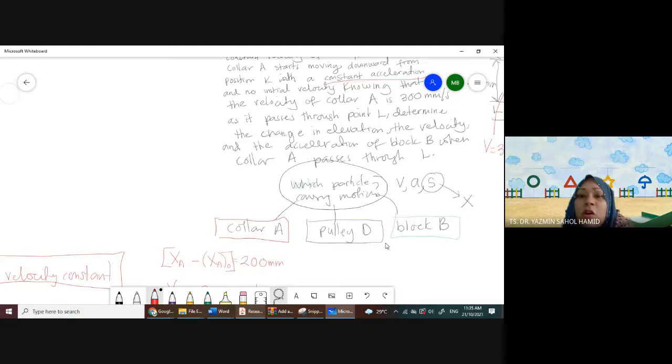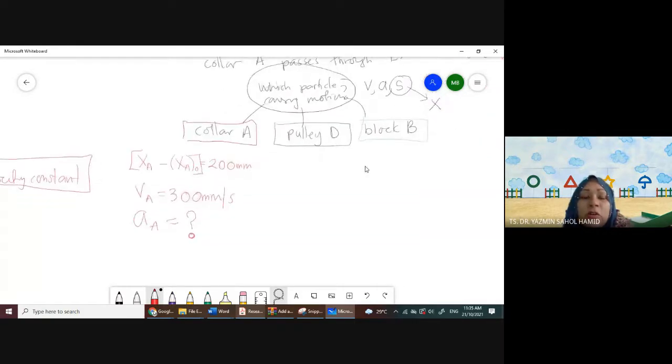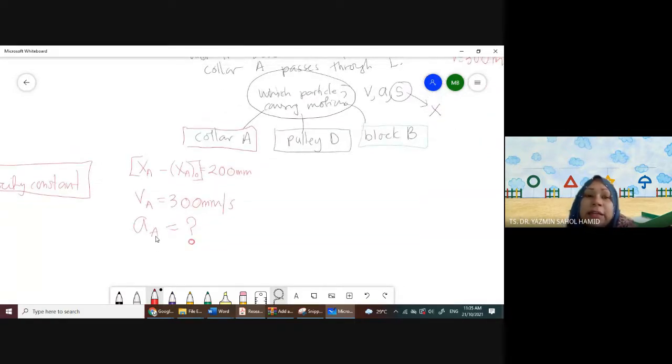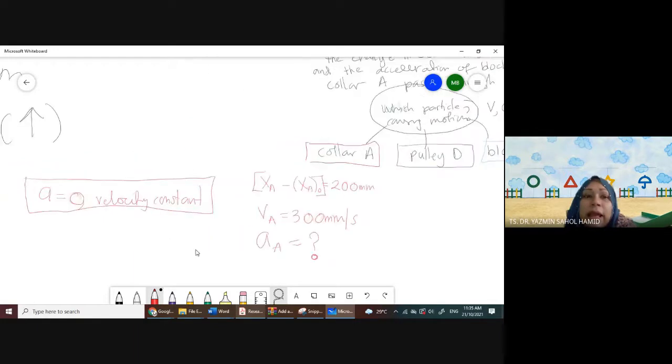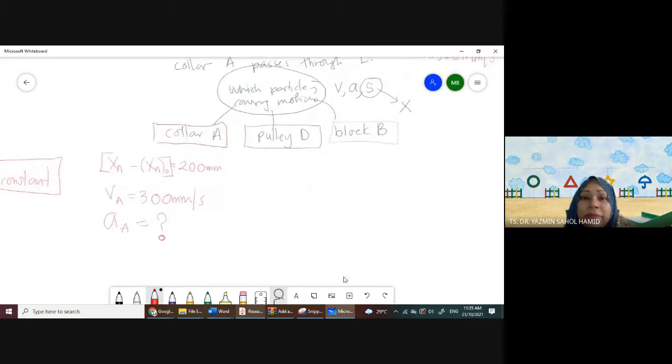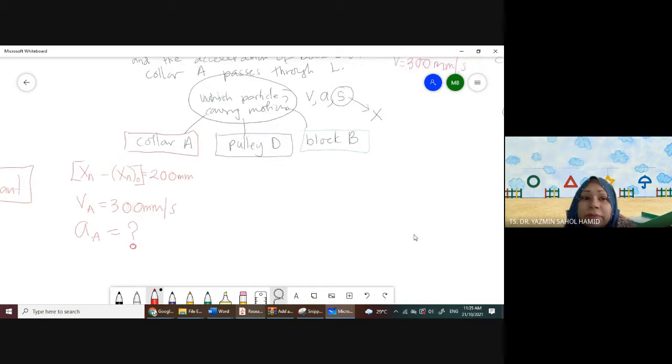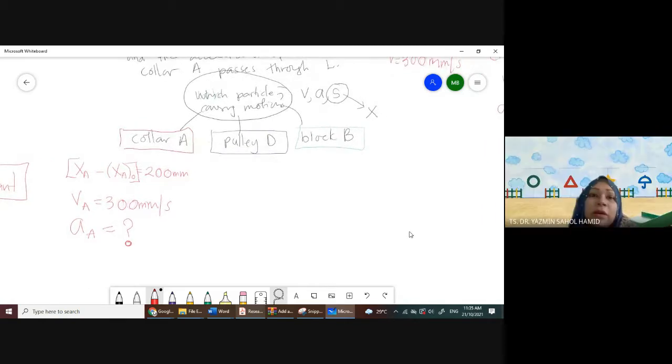It is not a constant velocity. So we do not know what the acceleration of A is. Acceleration of A is only 0 when the velocity is constant. Okay, guys? Are you okay, guys? Yes.